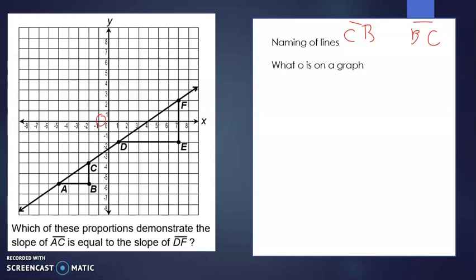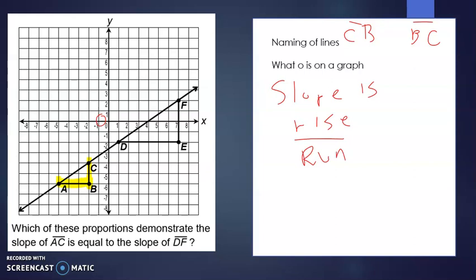First, you are going to have to do them in letters and understand that slope is rise over run. And what you're going to do is set up two proportions. So on the first one, the rise is CB and the run is AB.